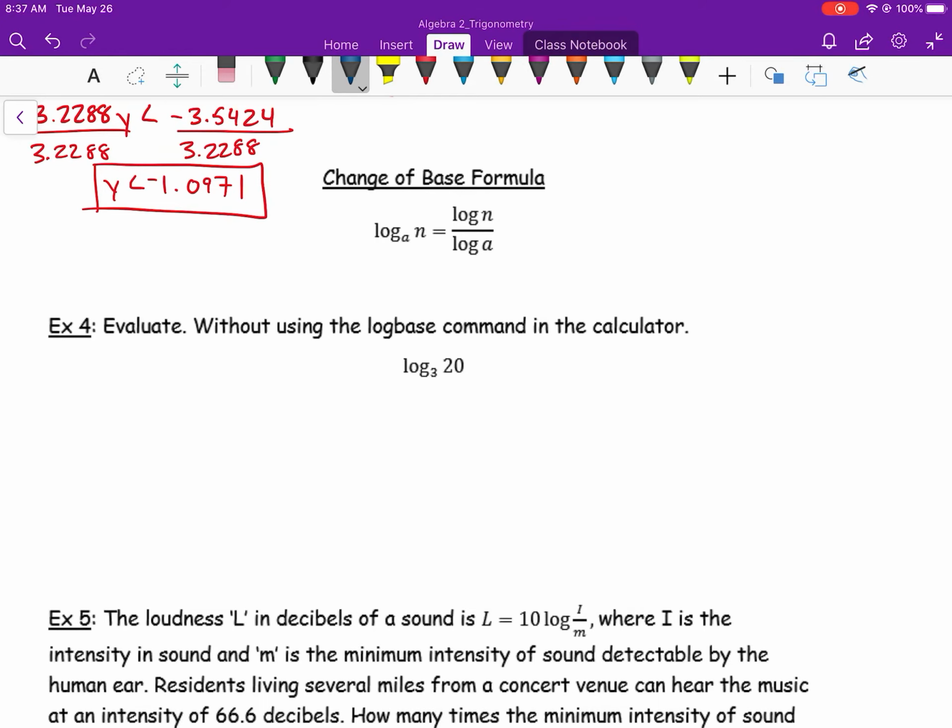If you don't have a graphing calculator, you would have to use this method, unless you download a scientific calculator app. So we have log base 3 of 20, which means you get log 20 divided by log 3. These are our common logs, so you plug them in the calculator and you get 2.7268. That is what log base 3 of 20 is.